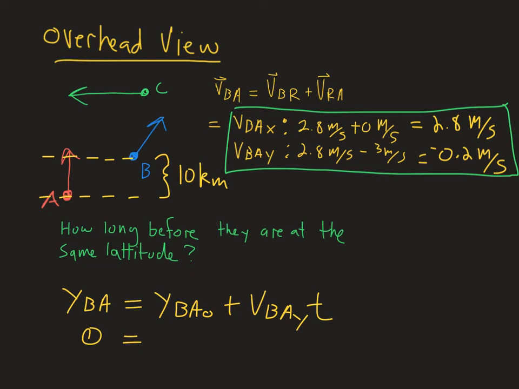So she thinks he's 10 kilometers away, and we know that she thinks that he's coming to her at a rate of minus 0.2 meters per second. Okay, let me shrink that down.